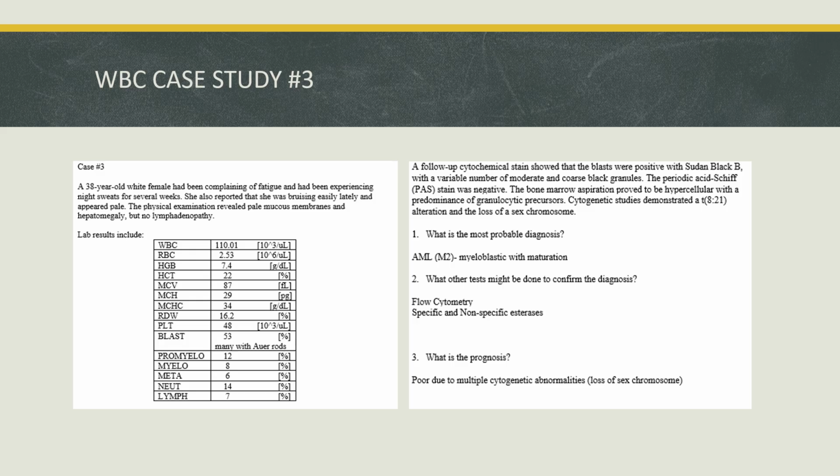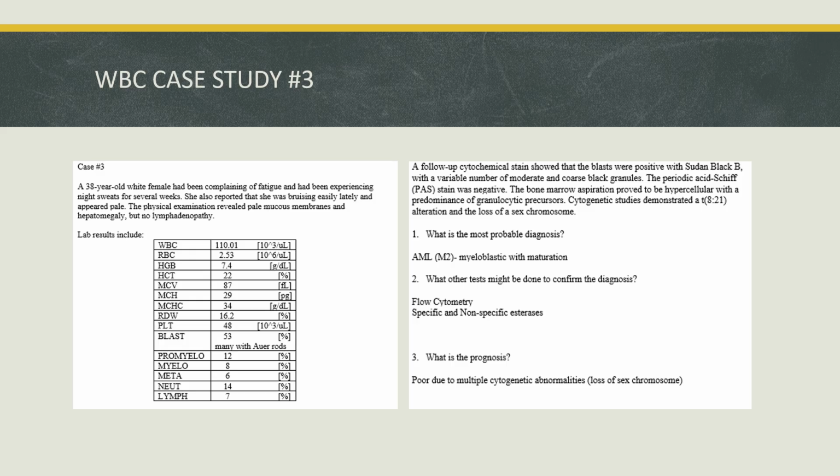The bone marrow aspirate proved to be hypercellular. So we know that with many of our leukemias, they have a hypercellular bone marrow. And of course, the predominance of granulocytic precursors. So again, this is also pointing us in the direction of granulocytic cell populations.